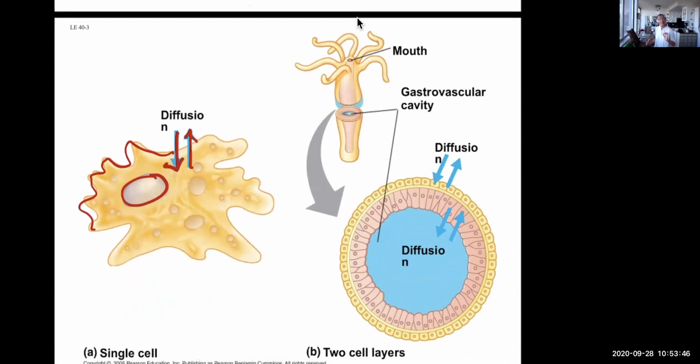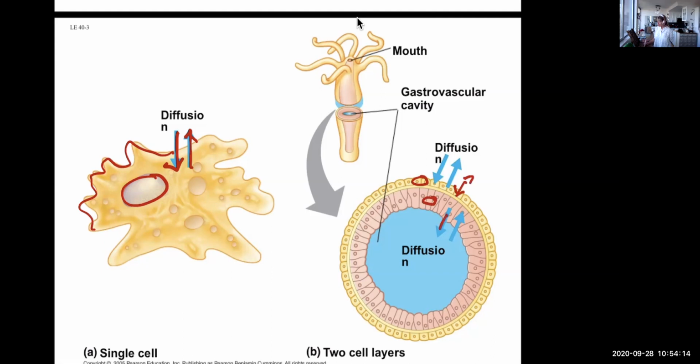Well, all of the cells in our body have to exchange materials in the same way. When cells came together and formed colonies and eventually multicellular animals, cells started to take on functions. So these cells out here are diffusion cells. These cells are also diffusion cells, but these cells diffuse oxygen, carbon dioxide.